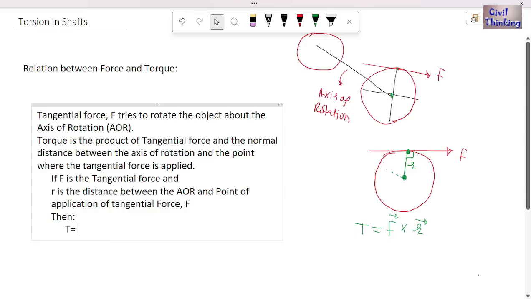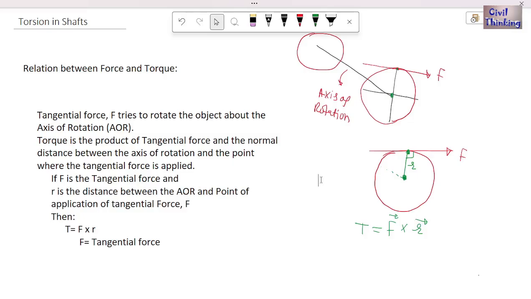Torque is the cross product of force and this normal distance. F is the tangential force, and R is the distance between the axis of rotation and the point of application of the force. This provides us the definition of torque itself and the relation between force and torque.